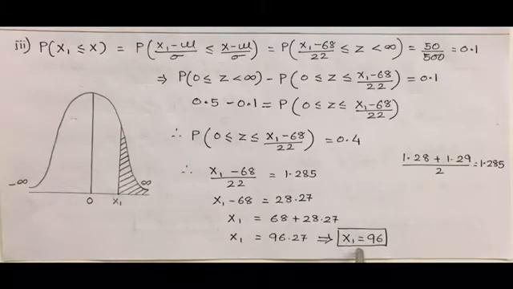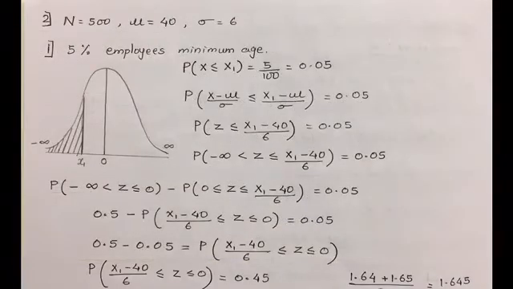So the minimum score of the most intelligent student is 96. Now here 1.285 is taken positive. The reason is x1 is lying towards the positive side. Hence the z value we have to take as positive.